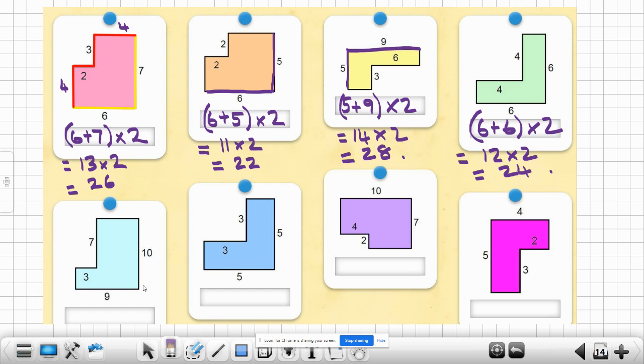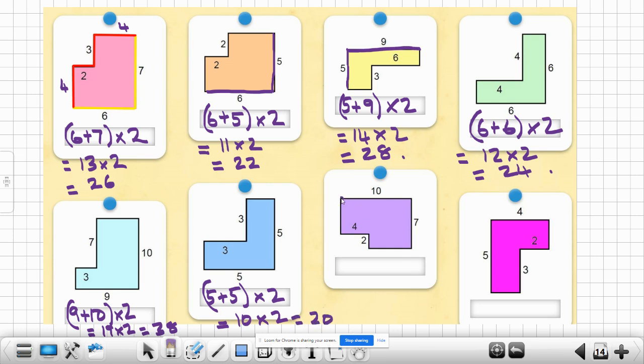This one, 9 by 10, so 9 plus 10 multiplied by 2 is 19 times 2, which is 38. 5 by 5, so that's 5 plus 5 multiplied by 2, 10 times 2, which is 20.